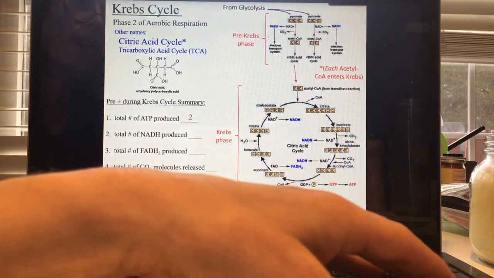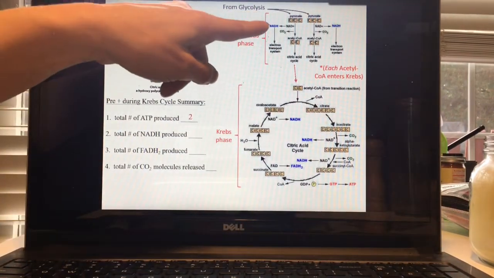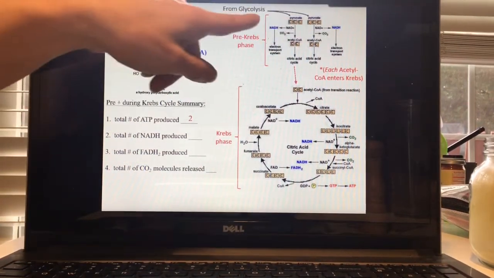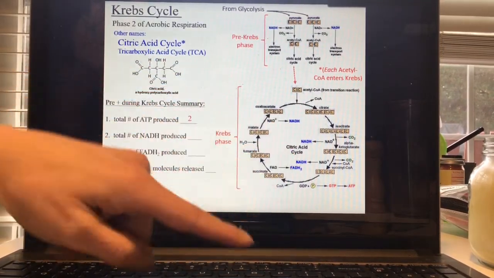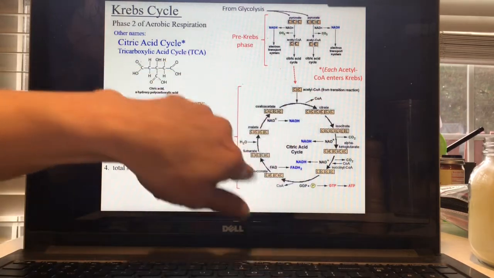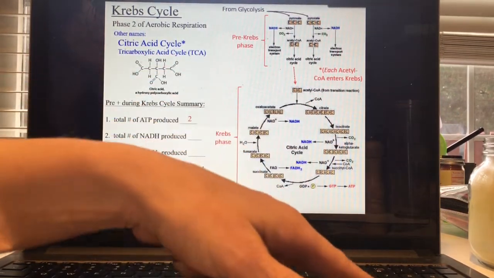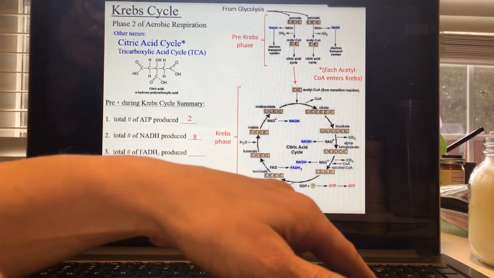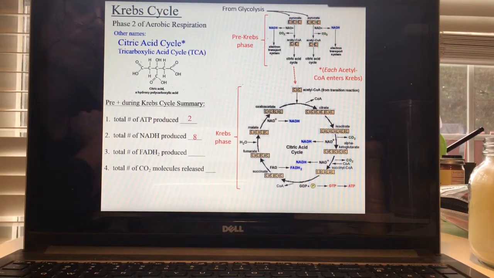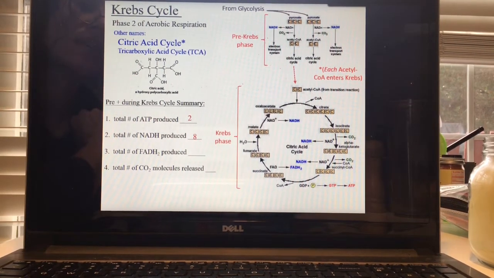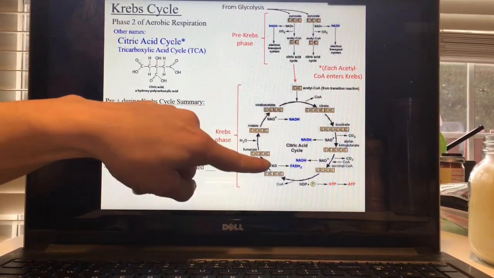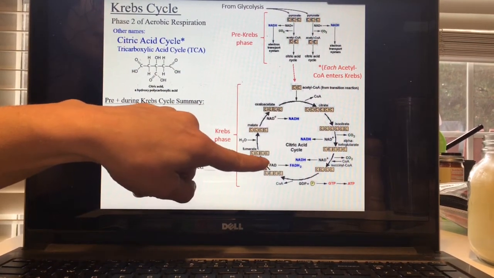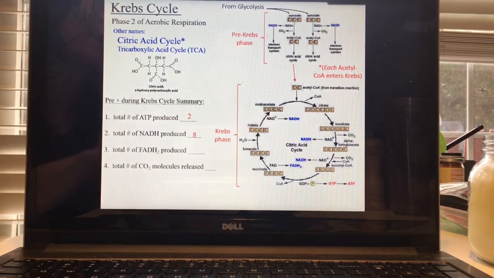If we're going to total our NADH, we have to count the 2 from the transition reaction, so 1, 2, and then 3, 4, 5, 6, 7, 8, because remember that we have 2 times everything in this cycle. So we get 8 NADH produced. Now when we're talking about how many FADH2 we get, we see it showing up once in the cycle, so that means we get 1 for each acetyl-CoA, but we have 2 total.